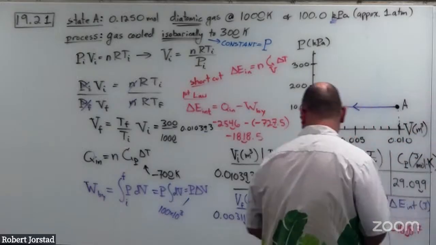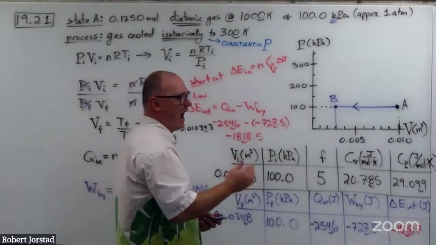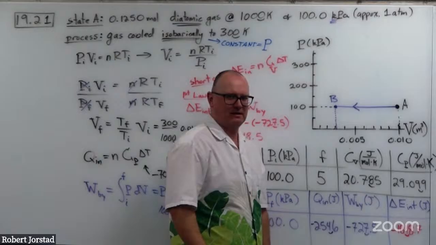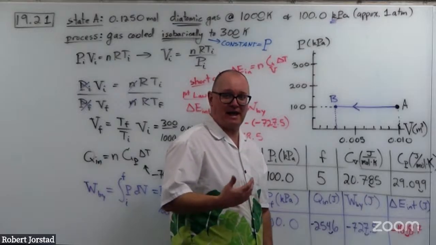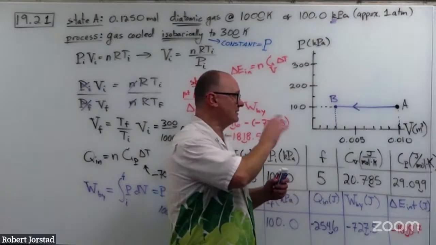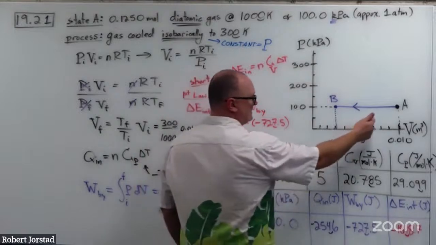Where are we here? All right, so in that case, if we're compressing it, I had to do work on the gas to compress it, right? I squeezed it down. So in that case, the gas is doing negative work, right? Its volume is being shrunken. It's trying to expand the gas, but failing. It's doing negative work. Process goes to the left.